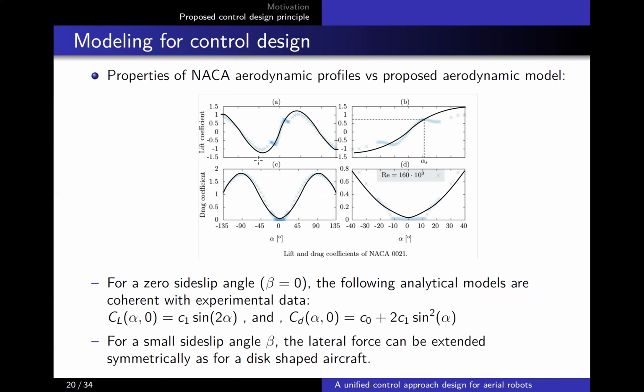The data in blue is the real data from NASA, and the black one is the model that I showed you, with two coefficients C0 and C1, and it fits very well, except when we have a stall here, but the stall is another problem. I just show you the main idea. When we try to do a control, you don't have an exact model. You have an approximate model. With the approximate model, you can do a lot.